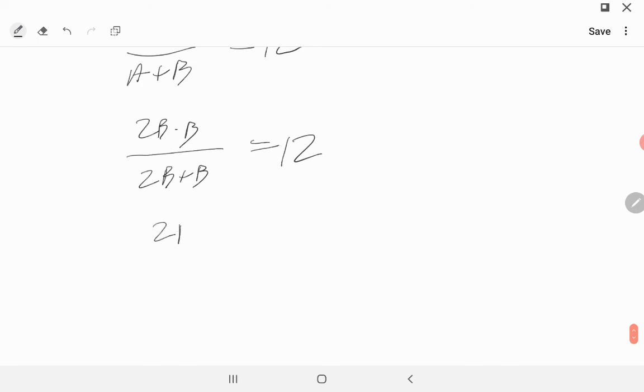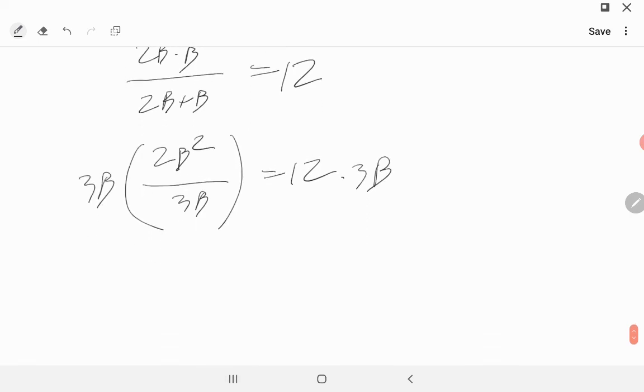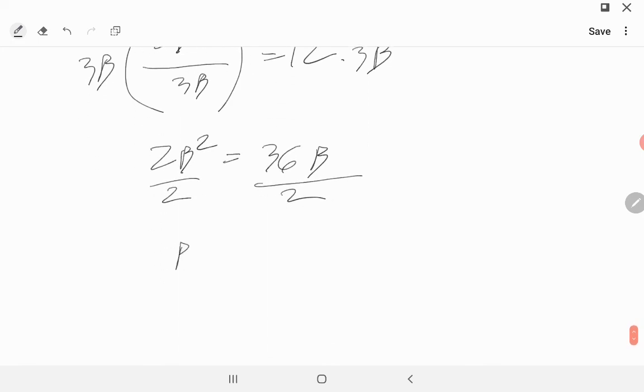This is basically going to be 2B squared divided by 3B equals 12. Multiply both sides by 3B. So we get 2B squared equals 36B. We can divide both sides by 2. We get B squared equals 18B.